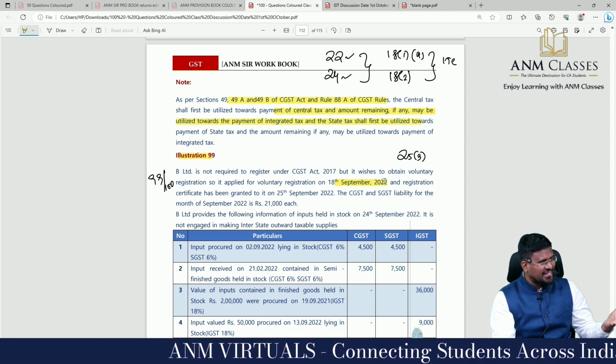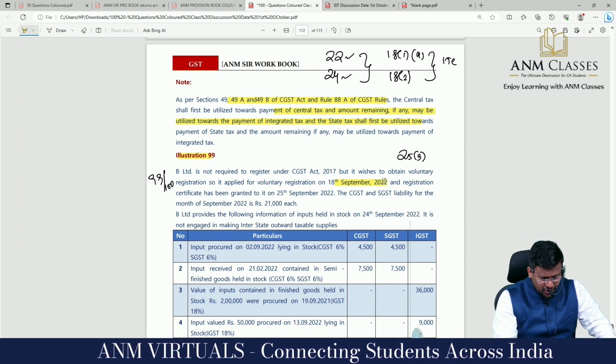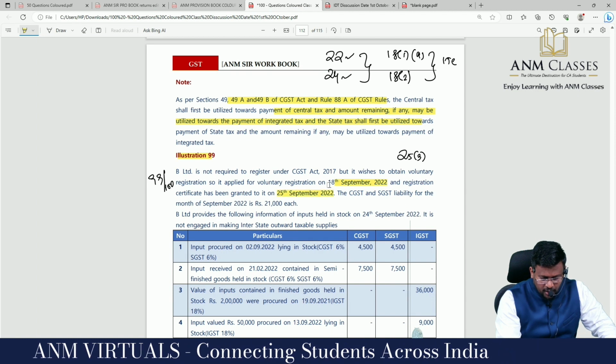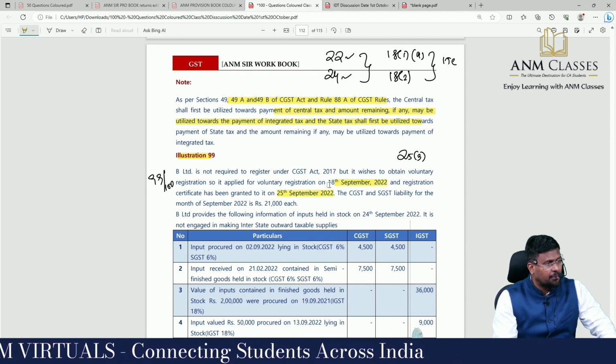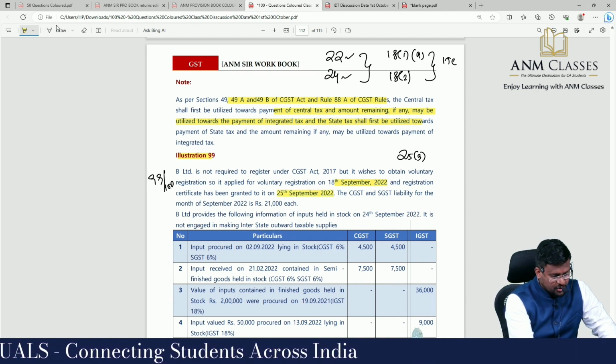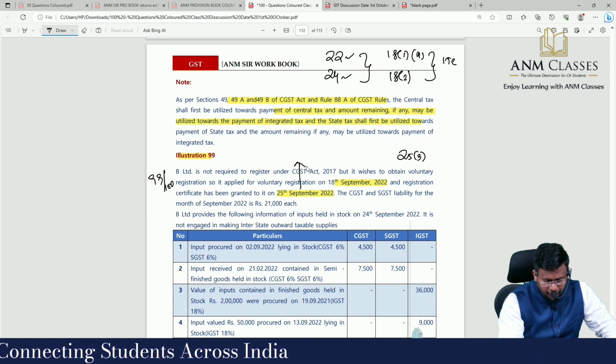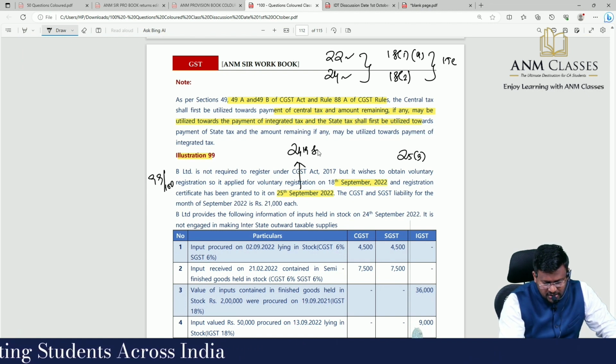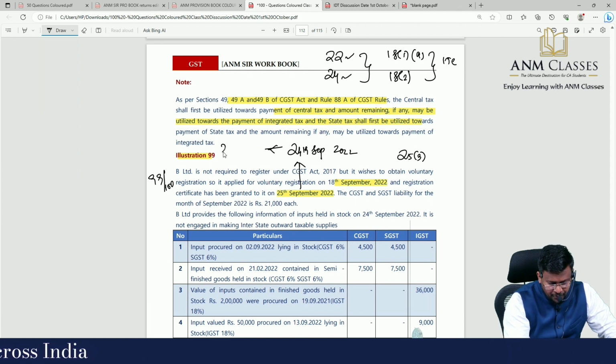Grant of RC is a valid date, and registration certificate has been granted to it on 25th September 2022. So the relevant date one day before is 24th September 2022. Come back to 1 year back. 24th September. That is a cut-off date.